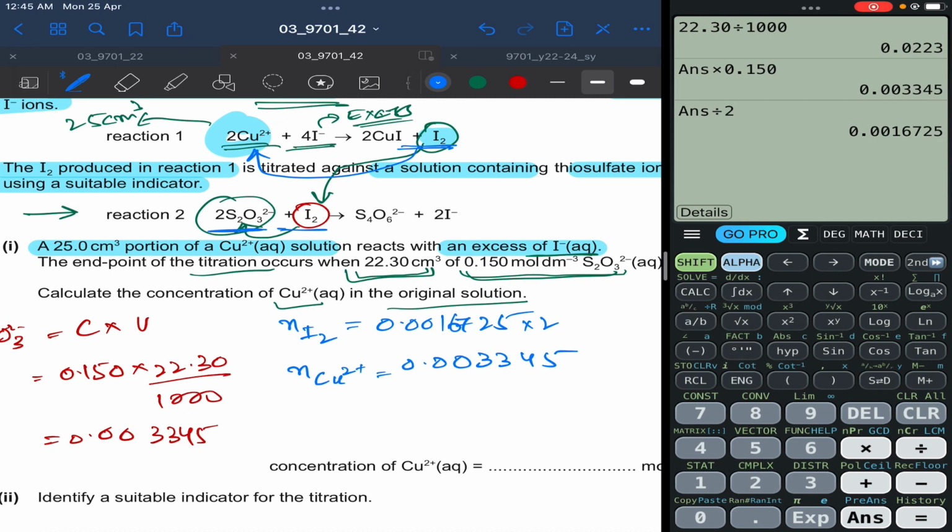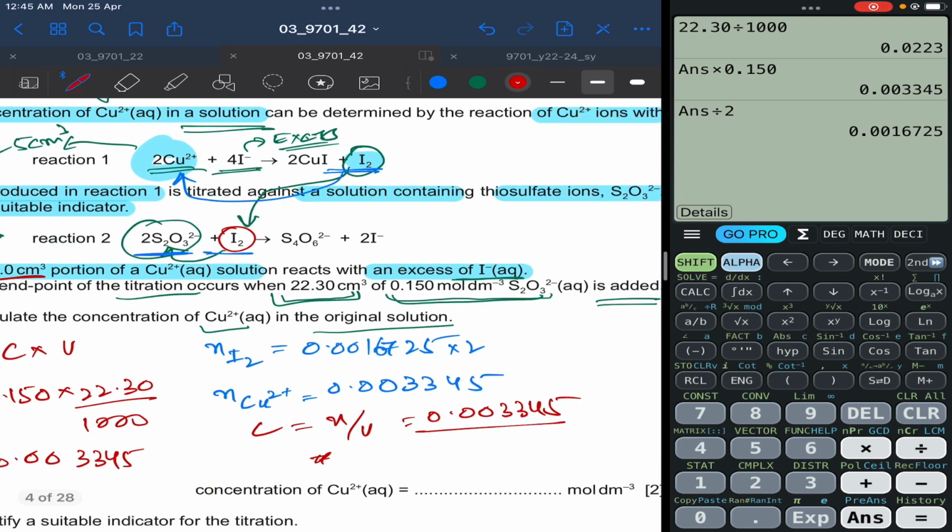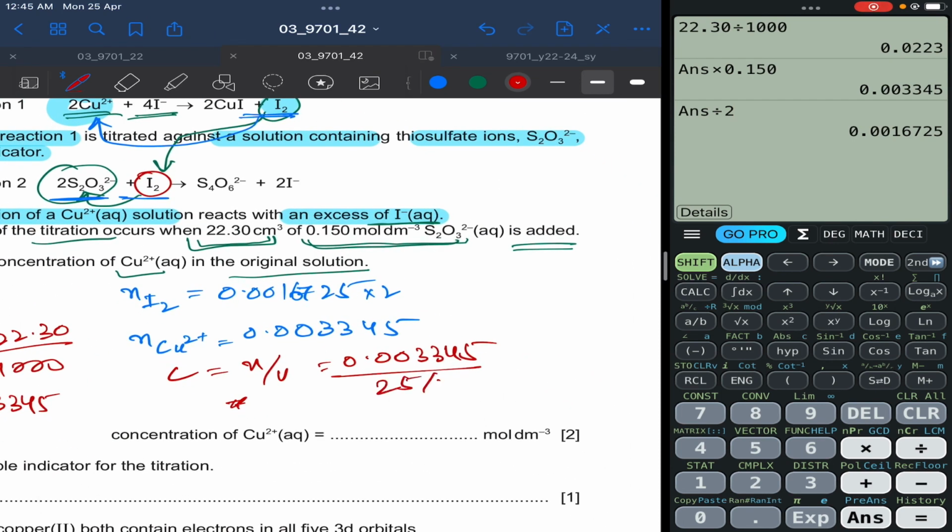Finally, we have to calculate the concentration. Concentration is equal to number of moles upon volume. Number of moles we have is 0.003345 divided by volume. They have already given us that, that is 25 cm cube. So 25 divided by 1000, that is 0.025.